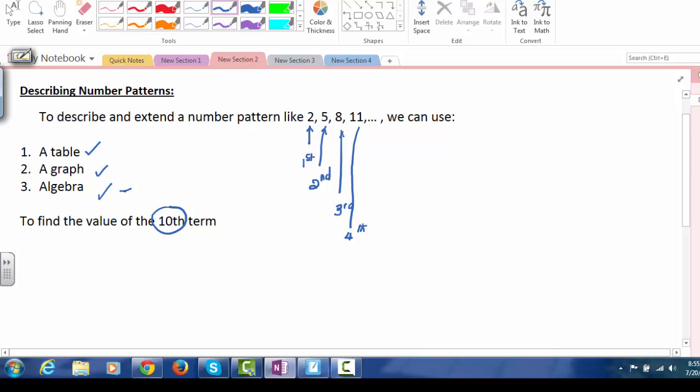So the safest way is the algebra. This is the one that is really for grade 8, because in the future they are going to ask you for term number 200, term number 1000, big numbers. So the algebra is the best way, and in the algebra we saw that you have to find the algebraic expression and there are two strategies.